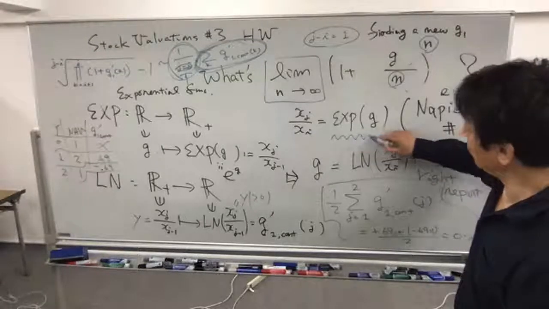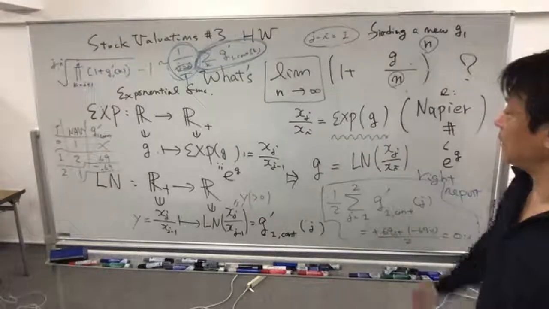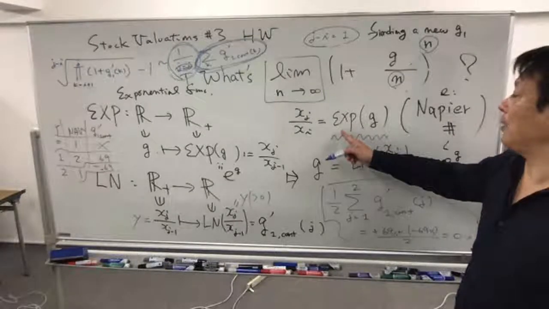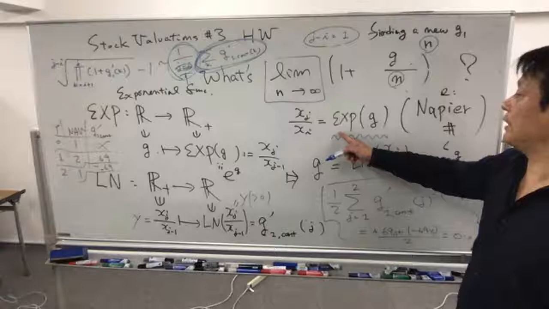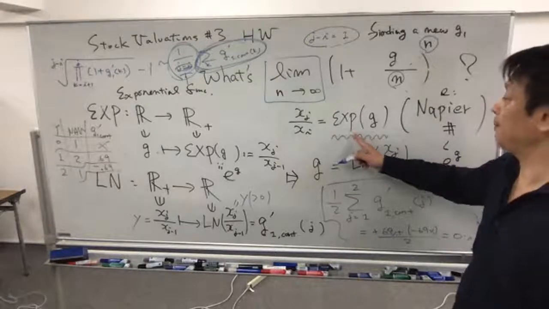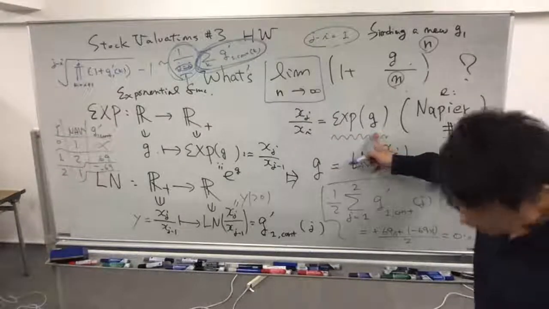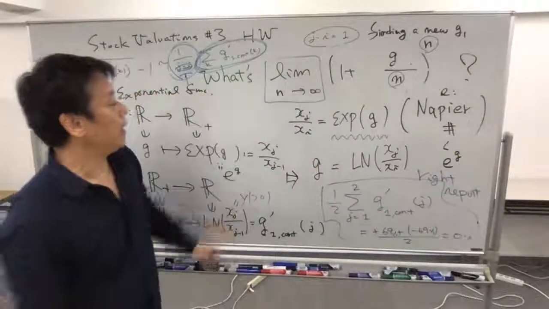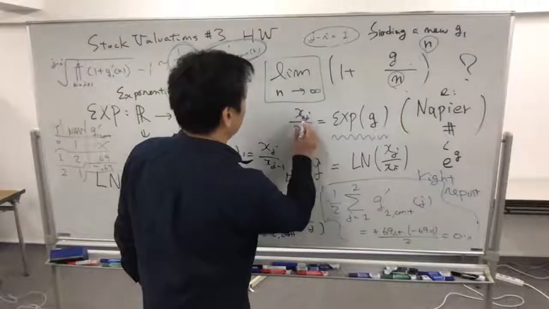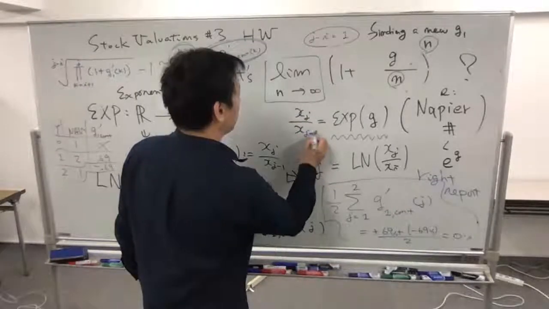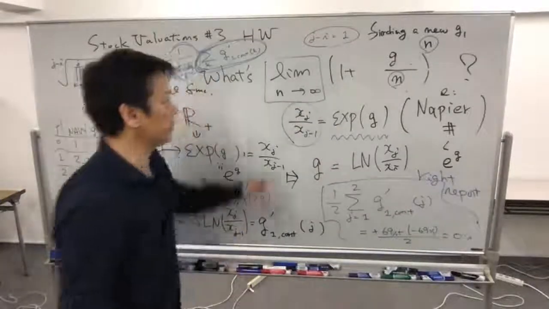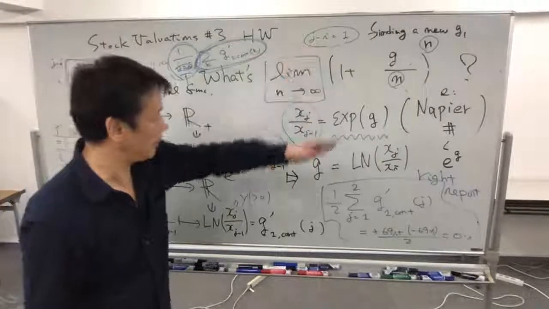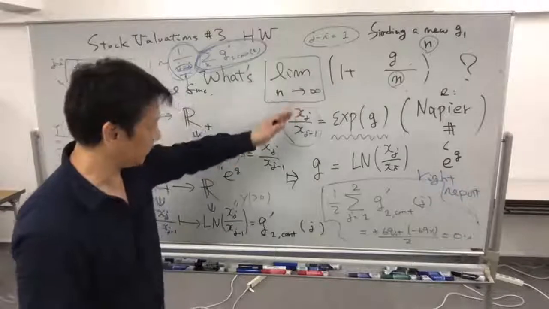So we introduce a new function, the exponential function. I will write exp g. Exp g equals xj over xj minus 1. So this is a very natural, common concept.